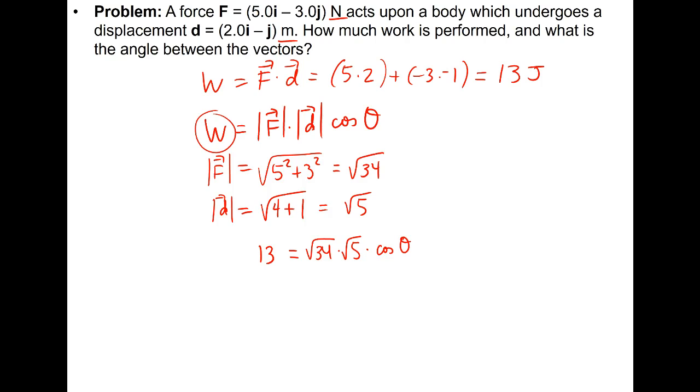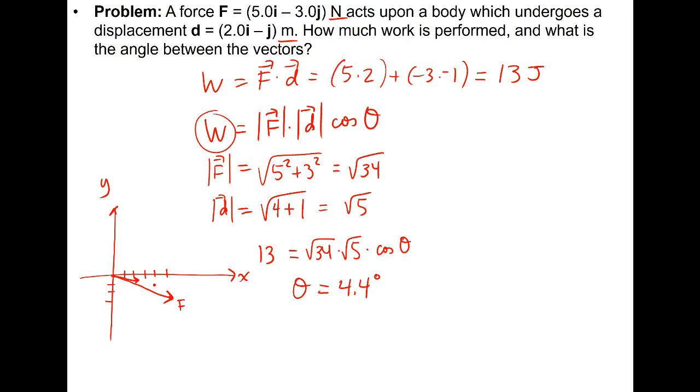Now if you work this out, you get that this angle is about 4.4 degrees, which seems kind of crazy, but then if you actually draw out what's happening, here is x and y, just a 2D picture. So F is 5 over and 3 down, and R is 2 over and -1.